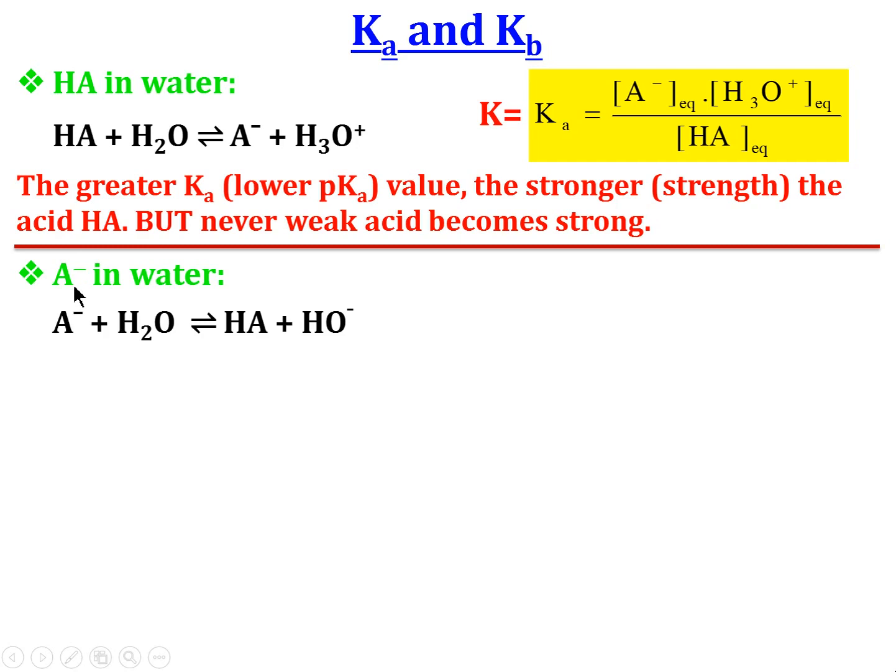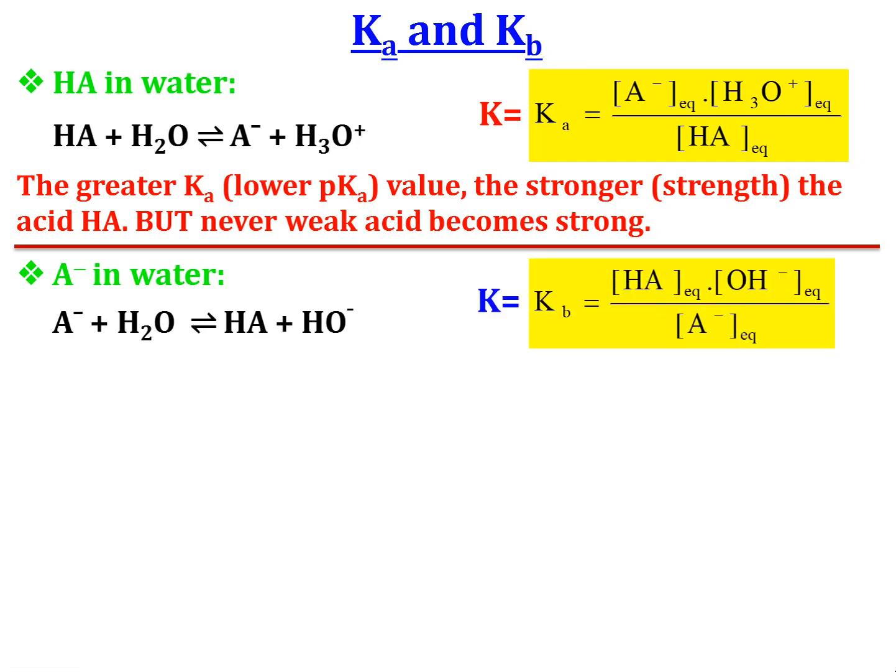Consider the decomposition of a base A minus in water. A minus plus H2O gives HA plus OH minus. This decomposition proceeds till the equilibrium and is also characterized by an equilibrium constant K, which is equal to the concentration of HA at equilibrium times the concentration of OH minus at equilibrium divided by that of A minus at equilibrium.